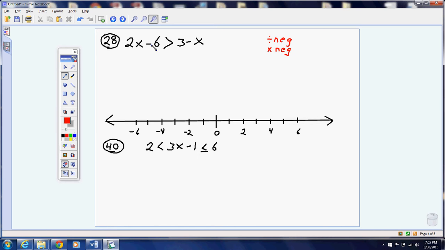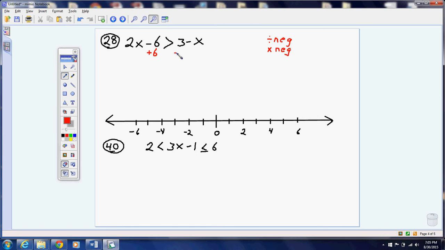We have 2x minus 6 is greater than 3 minus x. Well, we want to get all these numbers on one side and all the x's on the other side. So let's do that just as if this was an equation, but it's an inequality. We want to add 6 to both sides to cancel that out.